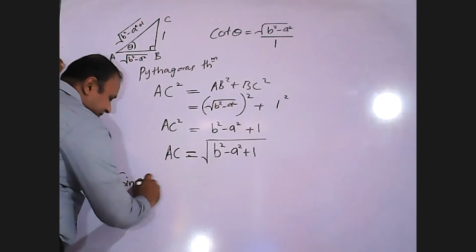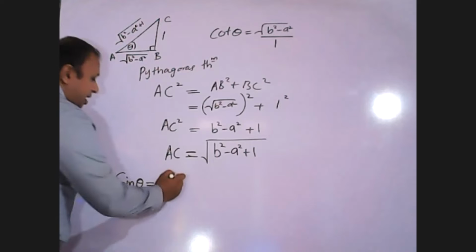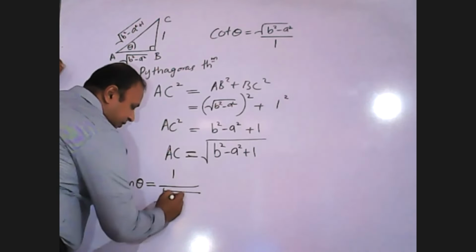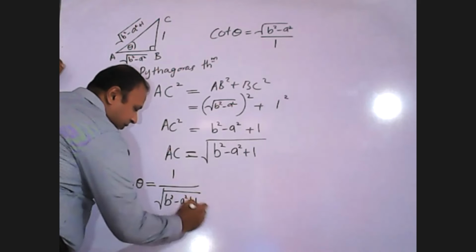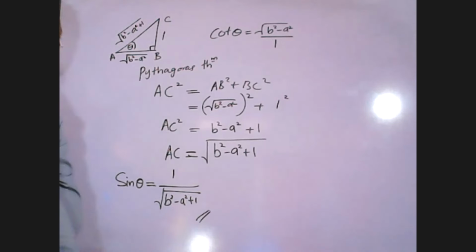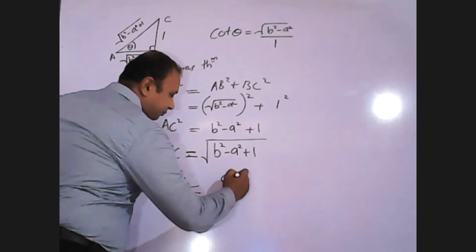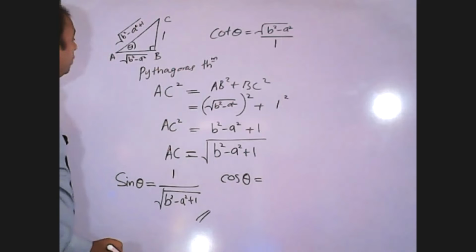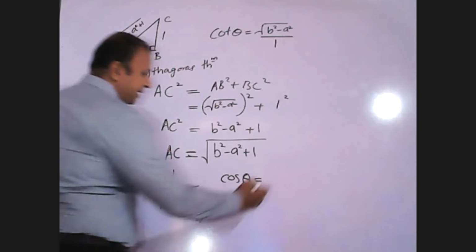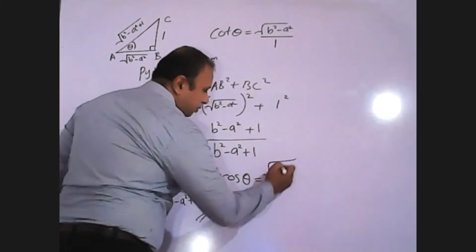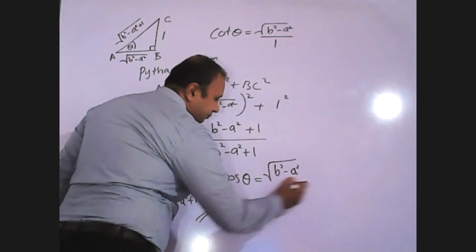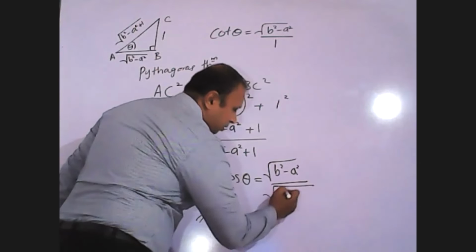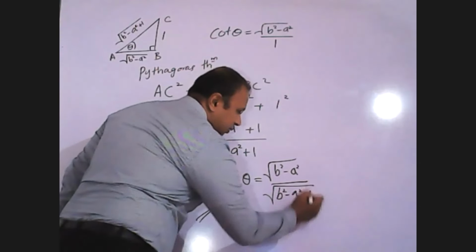Sin theta is opposite side over hypotenuse. The opposite side is 1, and the hypotenuse is the square root of b squared minus a squared plus 1. Cos theta is adjacent side over hypotenuse. The adjacent side is the square root of b squared minus a squared, and the hypotenuse is the square root of b squared minus a squared plus 1.